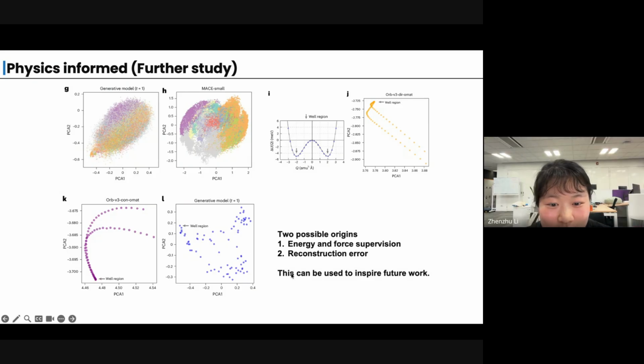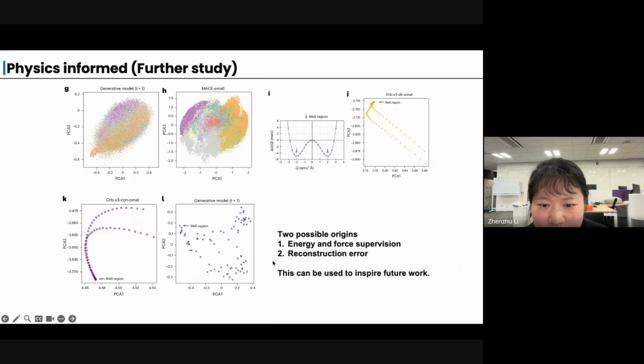Okay. So even though I explained that the non-smoothness comes from the lack of energy and force supervision, there's still one source of error I should mention: generative models have their own reconstruction error. We didn't check if all the points are still thin selenide or not, because of their own reconstruction error. But we still think that the main contribution to this disorder is the lack of energy and force supervision.